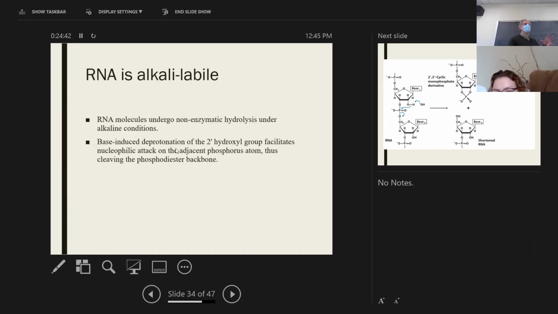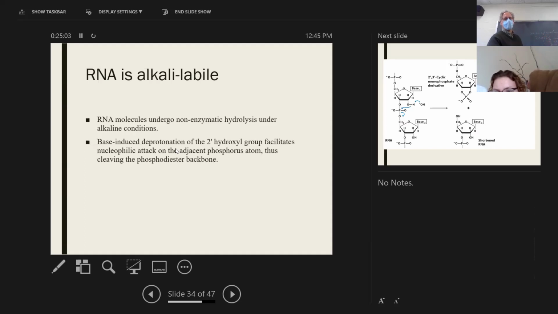RNA has a hydroxyl group at the 2' carbon of the ribose. Under basic conditions, that hydroxyl group is subject to base catalyzed deprotonation.